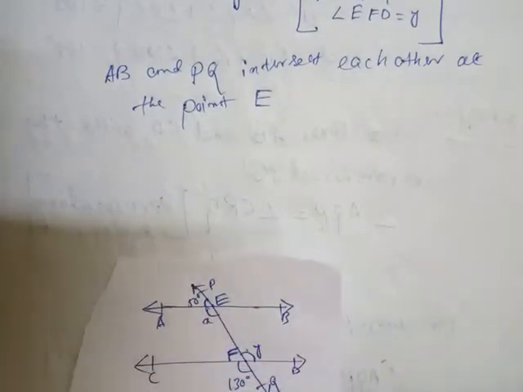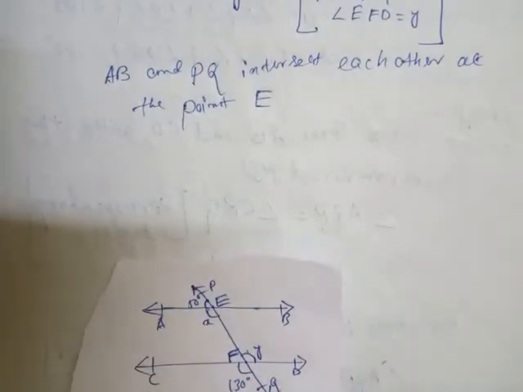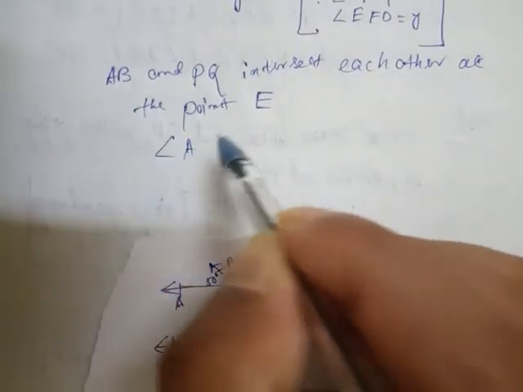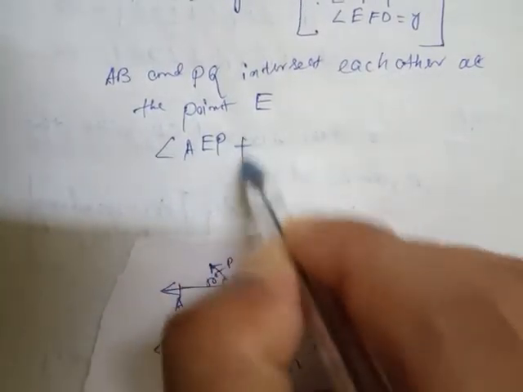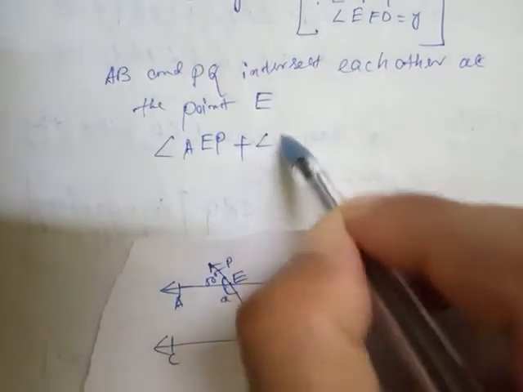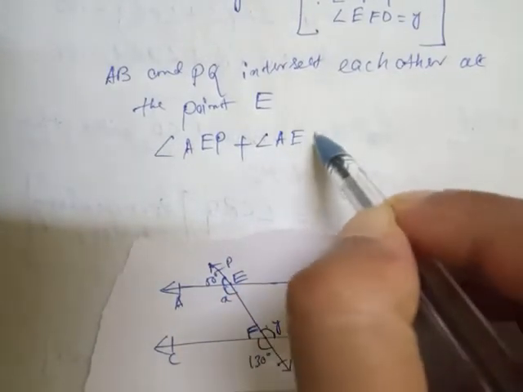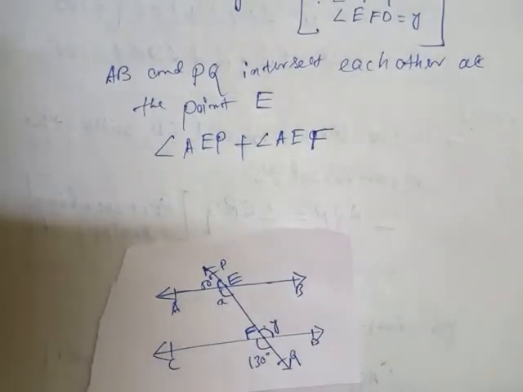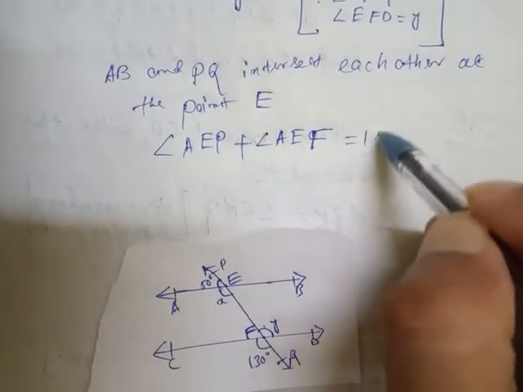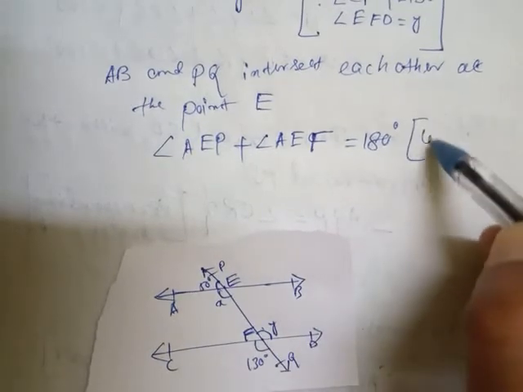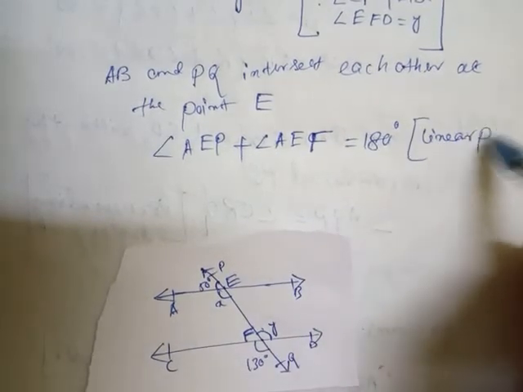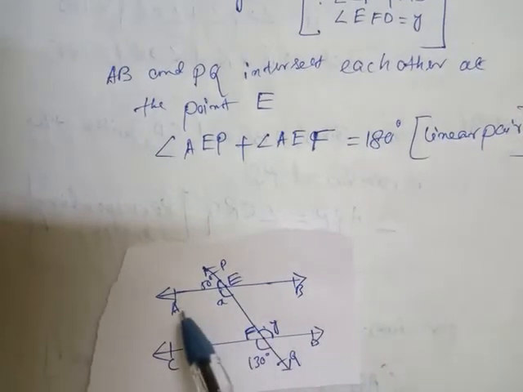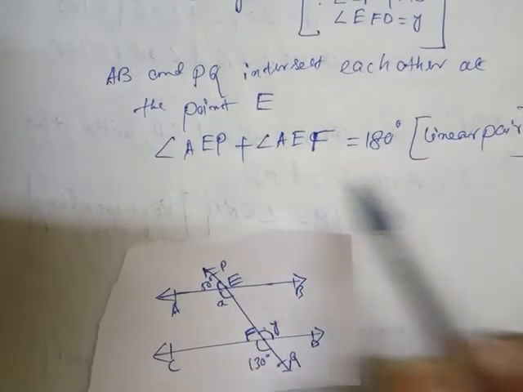So student, here we can write that angle AEP plus angle AEF, AEP and AEF, is equal to 180 degrees, linear pair. Now look again student, angle AEP plus angle AEF equal to 180 degrees, linear pair.